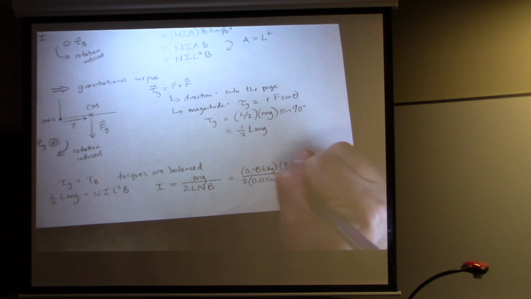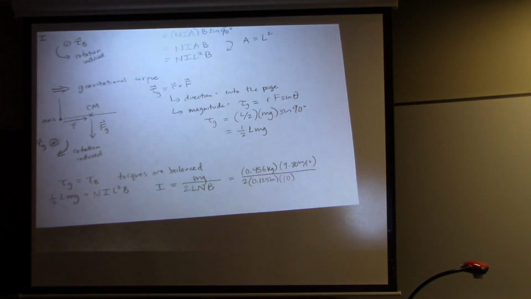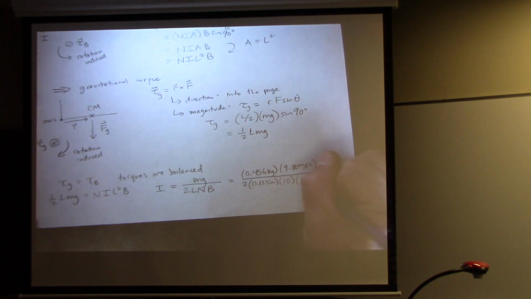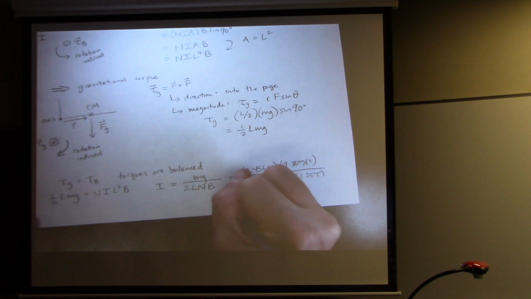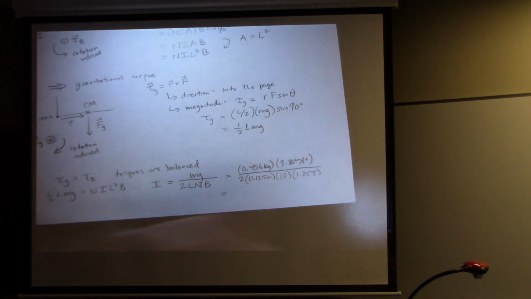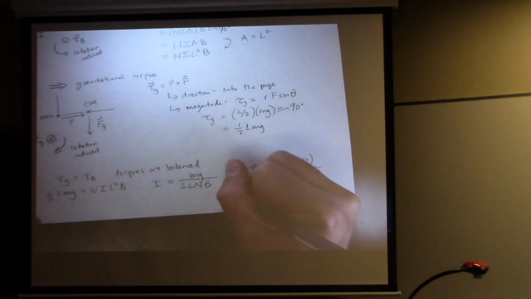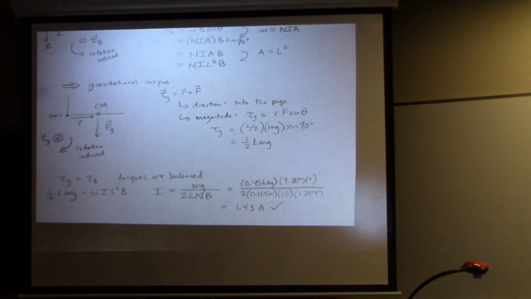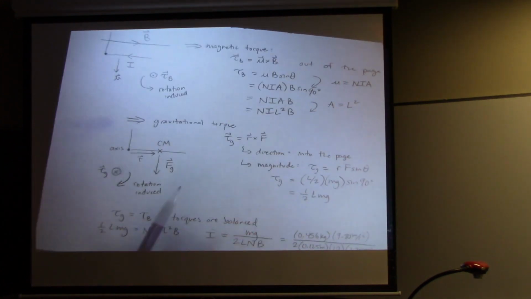You have 10 turns of wire, that's N, and the B field has a strength of 1.25 Tesla. So multiply all of that together, and what you get is the current, 1.43 amps. So that's how much current we need for those two torques to balance each other out.